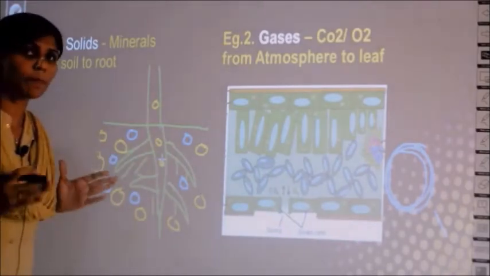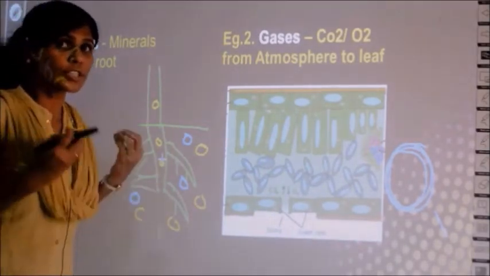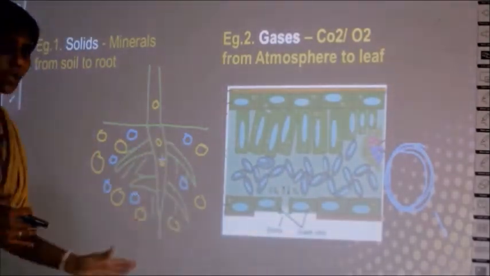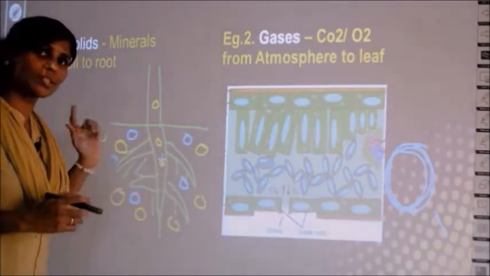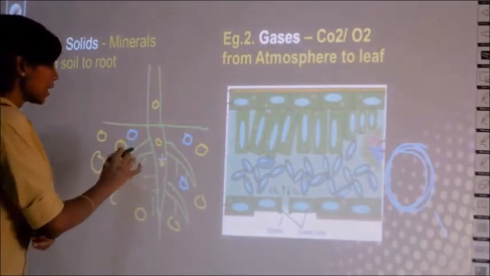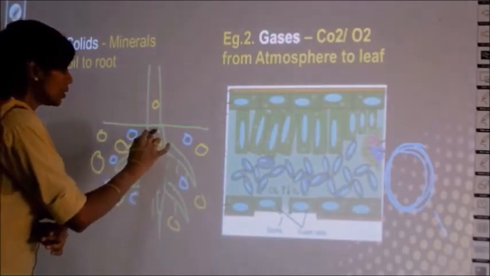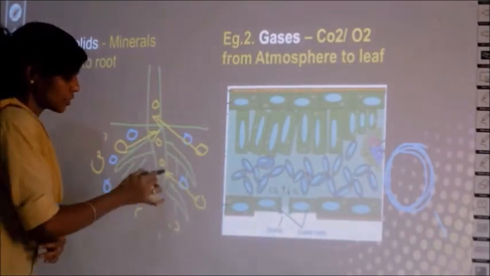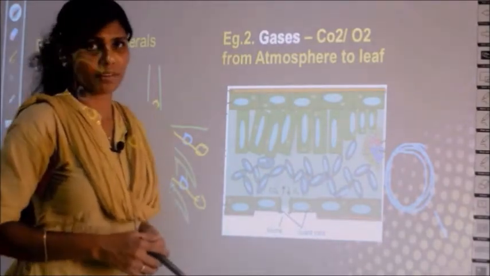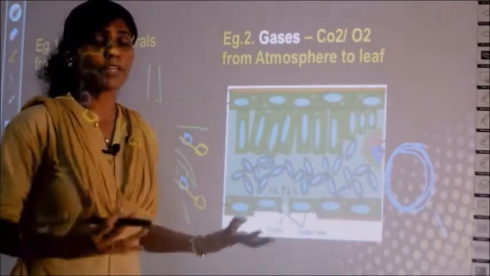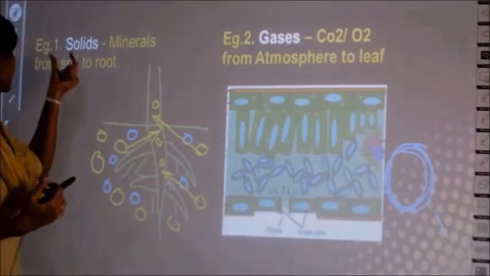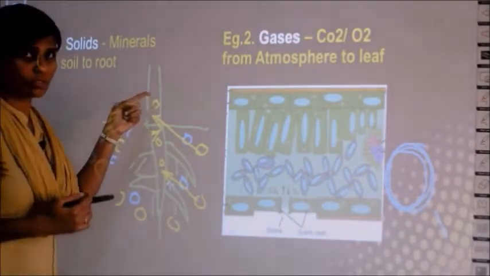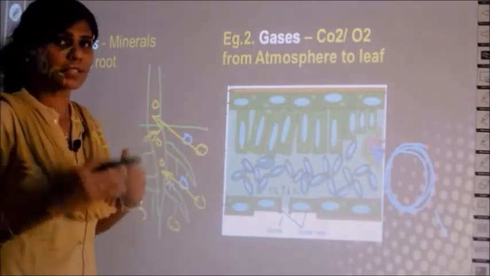So diffusion is the process of movement of solid particles from a region of higher concentration, that is from the soil, to a region of lower concentration, that is inside the plant. So all these particles are going to move inside. How? By the process called diffusion. So that is diffusion: movement of solid particles from higher concentration to lower concentration. This is the first example.